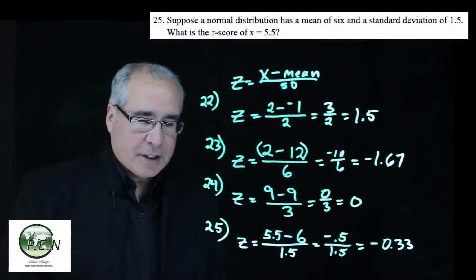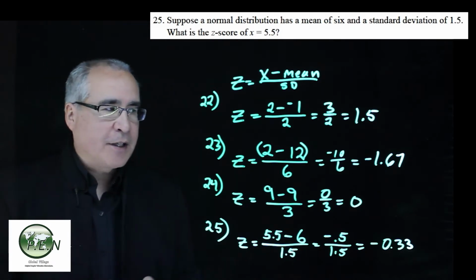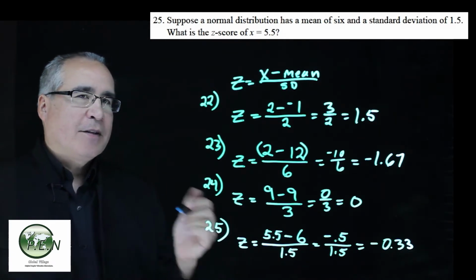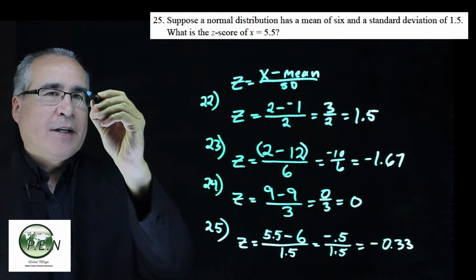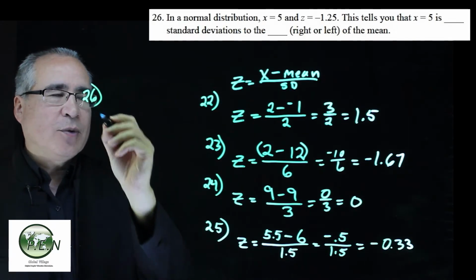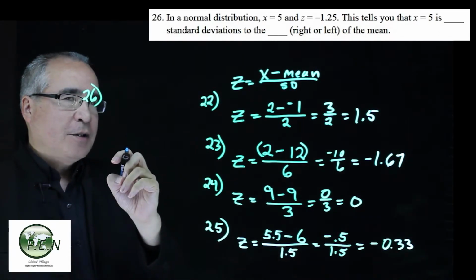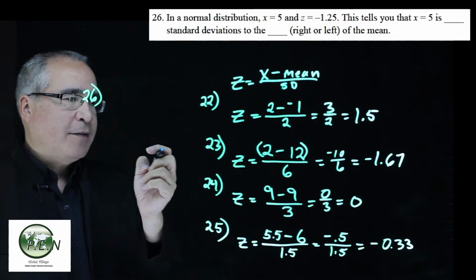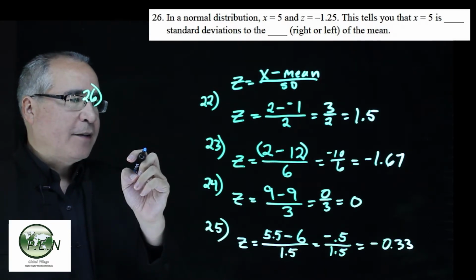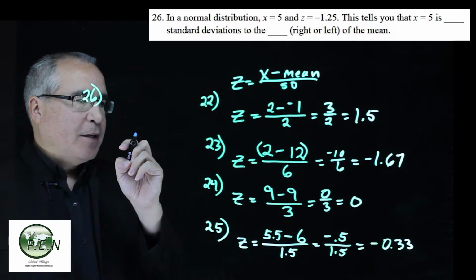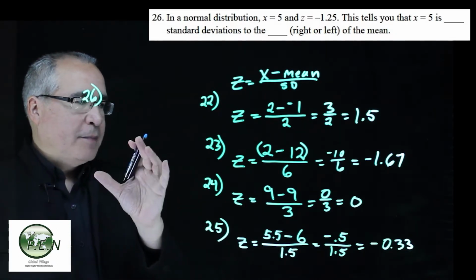But let's continue on here a little bit. We've got all this to go. So 26 and 27 are going to be similar type questions. So 26 first, we've got a normal distribution, x equals 5, and the z is -1.25. We don't know what the mean is, but it doesn't matter.